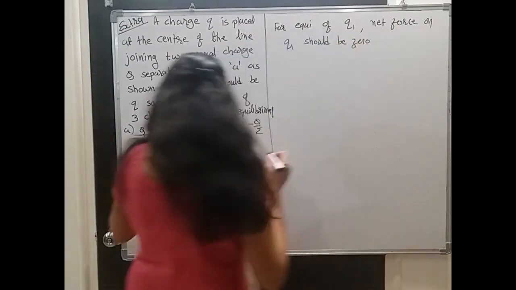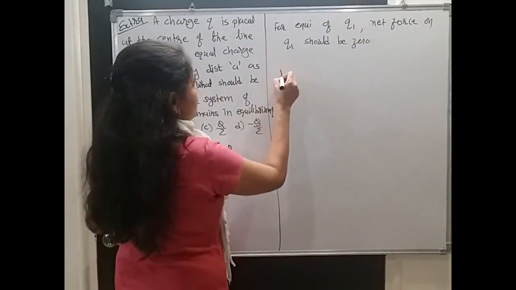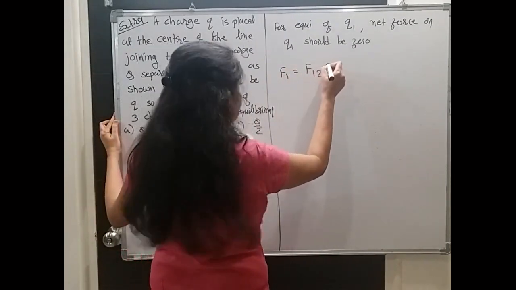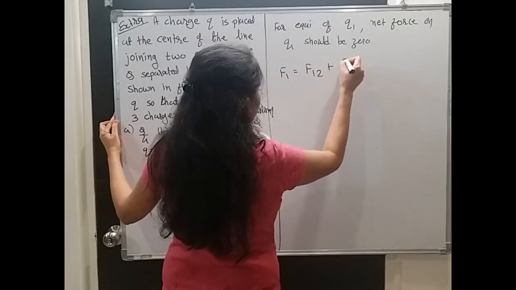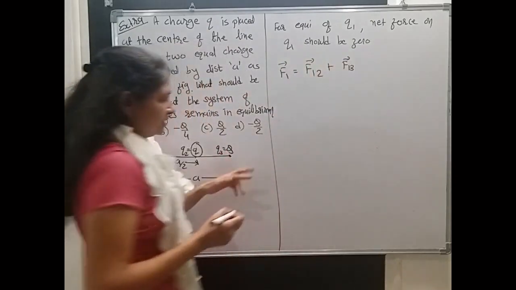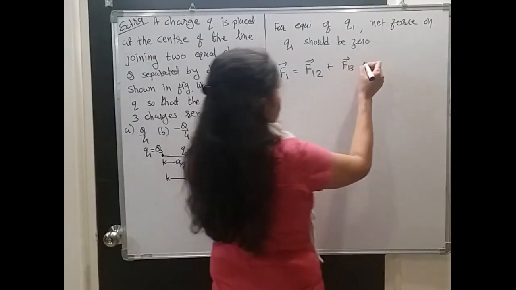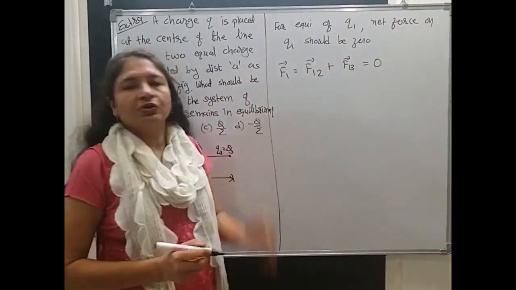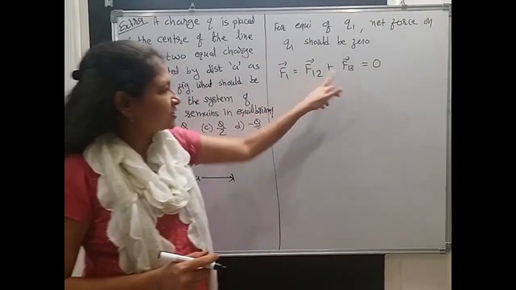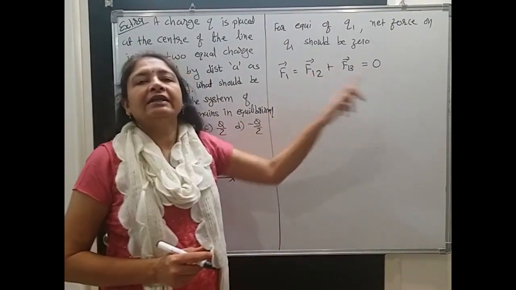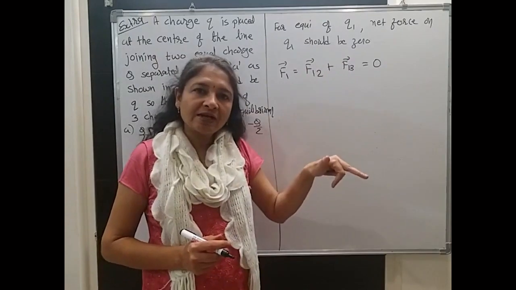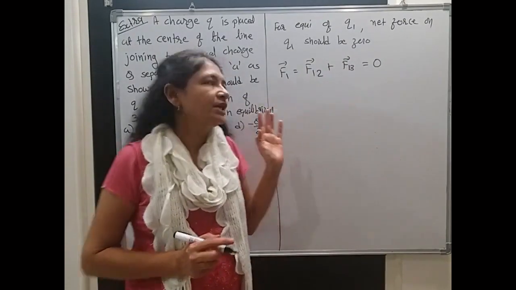Now force on 1 is equal to force on 1 by 2 plus force on 1 by 3. I want the resultant to be 0. This is possible when two forces are acting and the resultant is 0, means the two forces are equal in magnitude and opposite in direction.